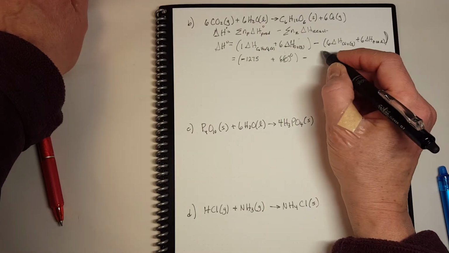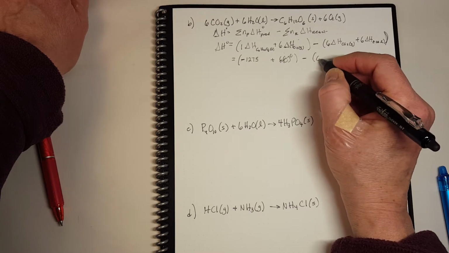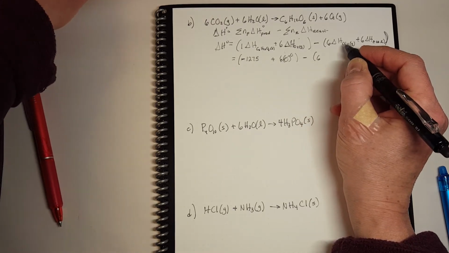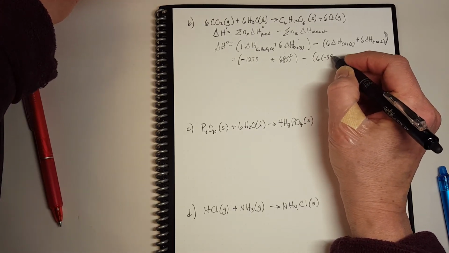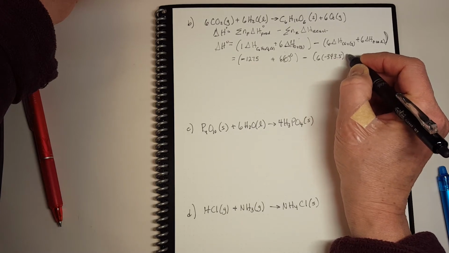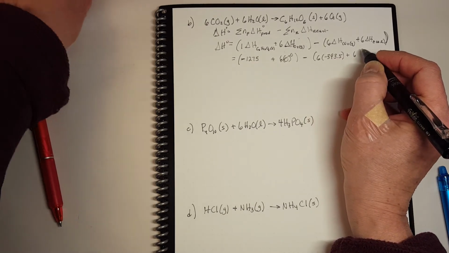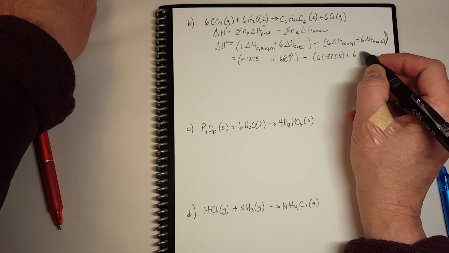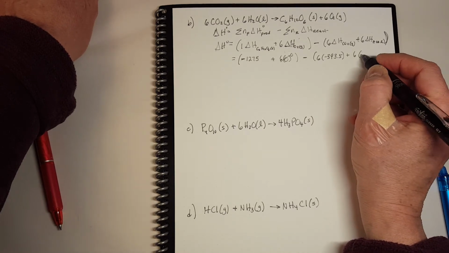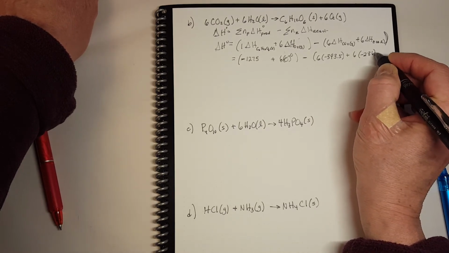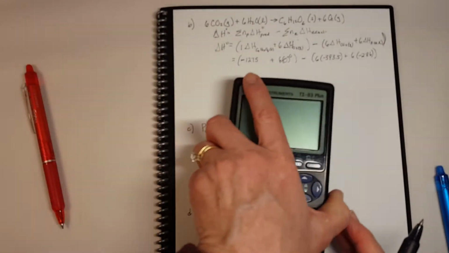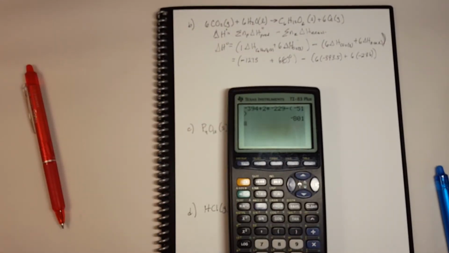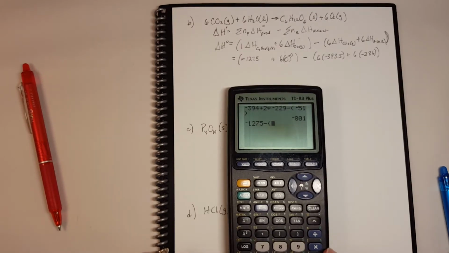And then subtract 6, in parentheses here, 6 times the delta H of CO2 gas is negative 393.5. And 6 times the delta H of the H2O liquid, so that's not the same as the gas state, that's minus 286.